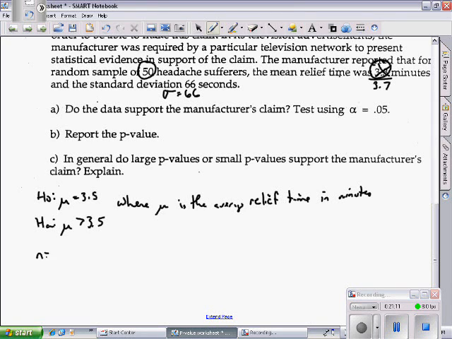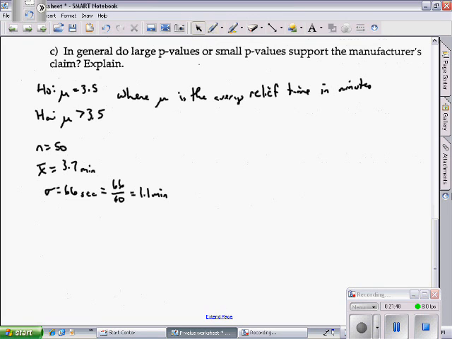Write all my givens. N was 50, X bar was 3.7, sigma was 66. 3.7 minutes and 66 seconds. So 66 seconds, 66 divided by 60, that's 1.1 minutes. Can't believe I would do that to you.